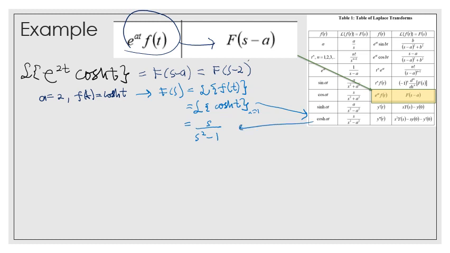Next we want to find F(s minus 2). How can we relate to this form? I will give you an example here. Let's say we have f(x) equal to x plus 1. If I substitute x plus 1 for x, we also change the x here to (x plus 1) plus 1.